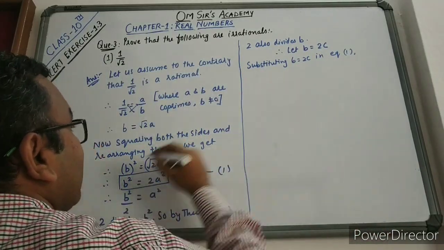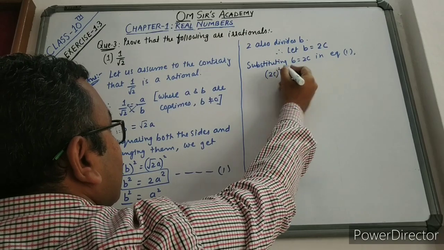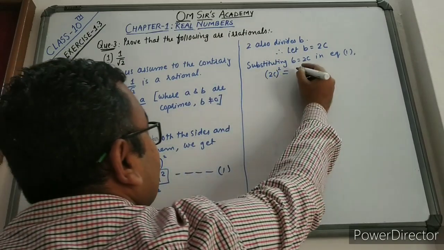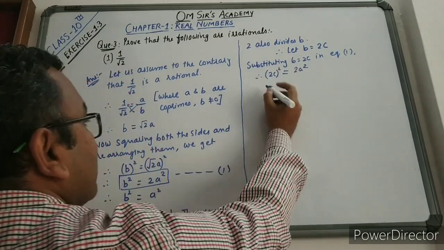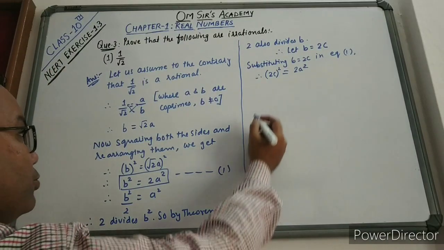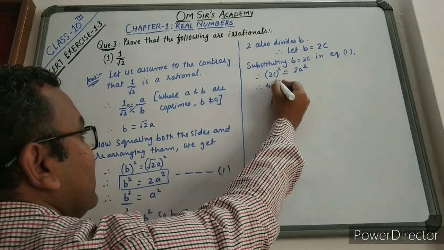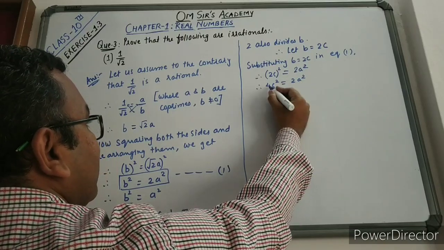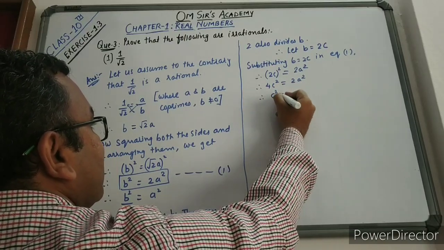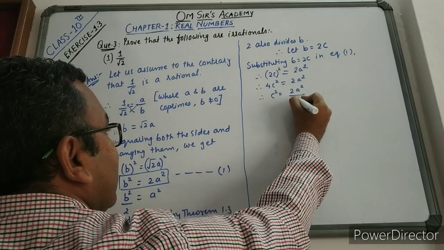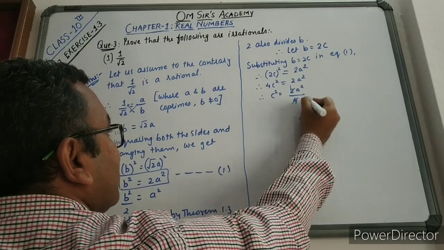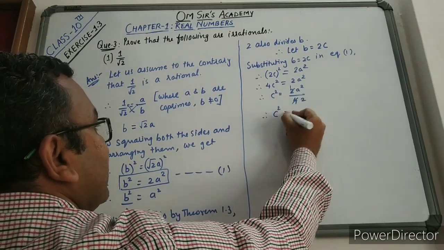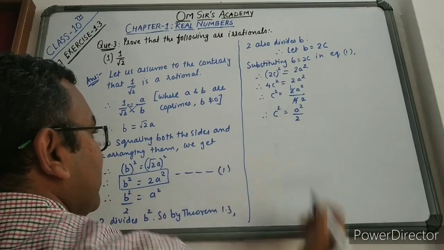Instead of b square, I'll write 2c the whole square is equal to 2a square. Okay, so what is 2c square? 4c square equals 2a square. Now I am taking this 4 to that side, so it will be 2a square divided by 4. 2 ones are 2, 2 twos are 4, so c square equals a square divided by 2.